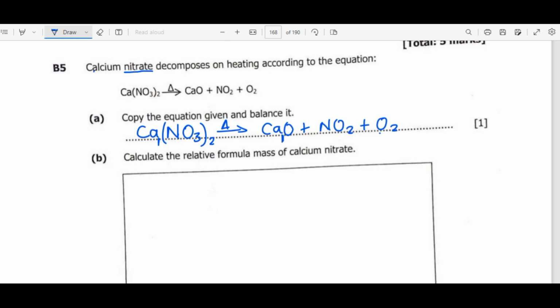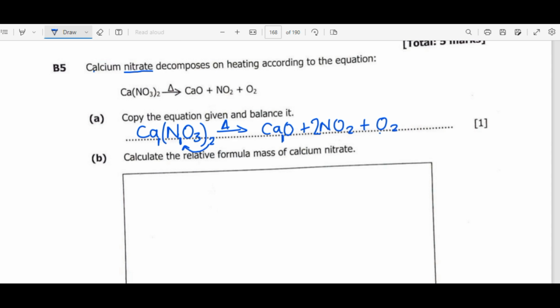Now let's look at the nitrogen. From the nitrate ion, there is only 1 atom of nitrogen. So we are going to multiply by this subscript, which means that the calcium nitrate as a compound has 2 atoms of nitrogen. So we need to put 2 in front of where we have nitrogen, so that we have 2 atoms of nitrogen on both sides.